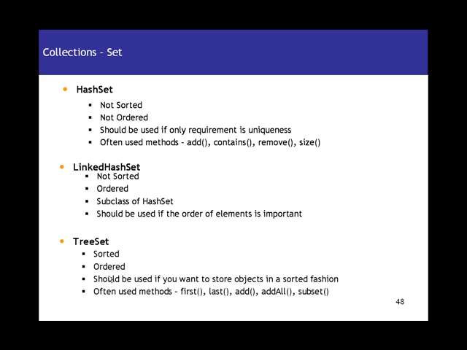So that's the kind of comparison mechanism I use. So when you're using objects, it's totally up to you to define the comparator and what the criteria for ordering you need, right? Okay. And again, these are often used methods in a tree set, right?